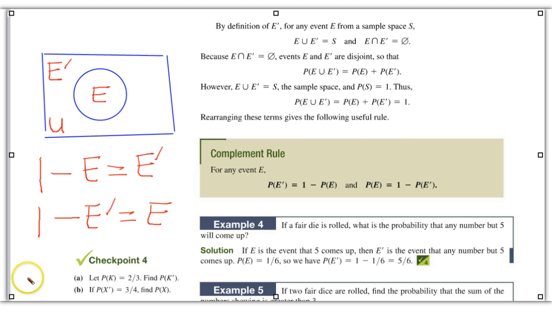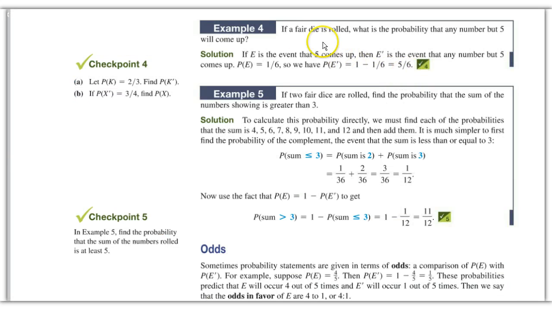And hopefully you're taking notes on this. So, if a fair die is rolled, what is the probability that any number but 5 will come up? So here we're going to say 5 is 1 out of 6. The universe is 6 out of 6.